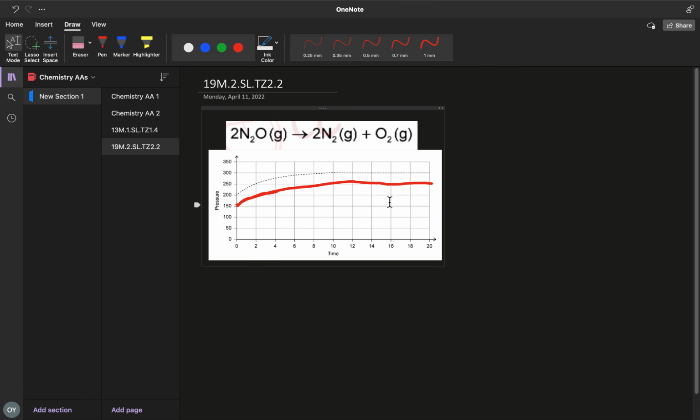Now, it doesn't reach the same height as this line right here because the lower temperature means that the pressure won't be as high. So this line can never reach this line unless more molecules are added or the temperature is increased.